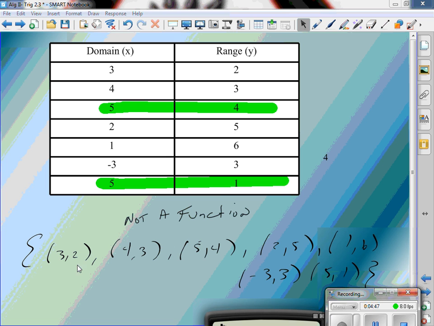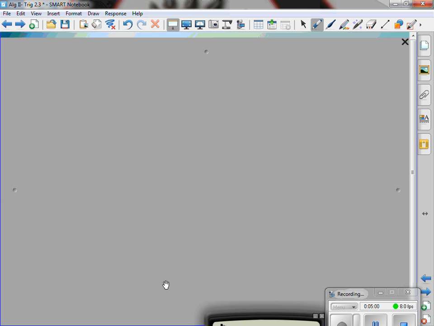Do any of my x values repeat? Yes, I have my 5s. They repeat, so it wasn't a function. Most of the time, you're going to see the data sets like this.